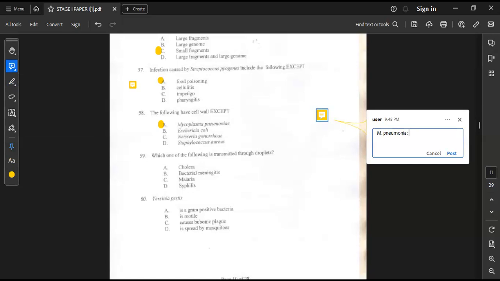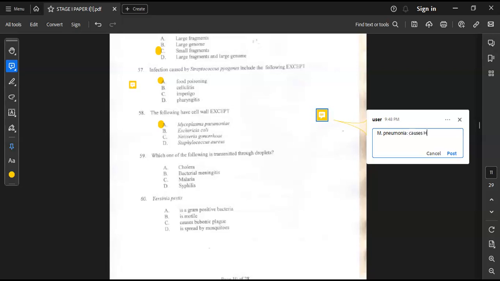I'm not sure, but somebody can confirm. For Mycoplasma pneumonia, I think it causes hospital-acquired pneumonia or atypical pneumonia. Yeah, it causes hospital-acquired.